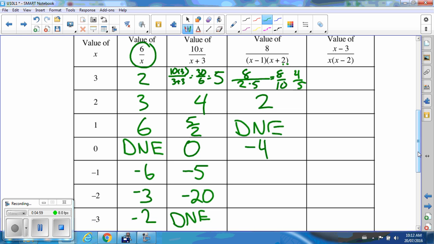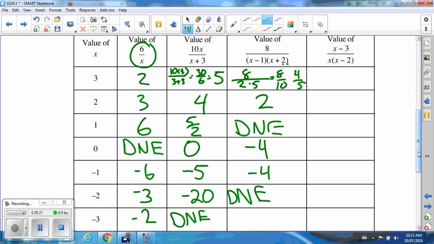If I put in -1, -1 minus 1 is -2, and -1 plus 2 is +1. So -2 times +1 is still -2, so this is also -4. If I put in -2, hey, wait a sec, that does not exist again.